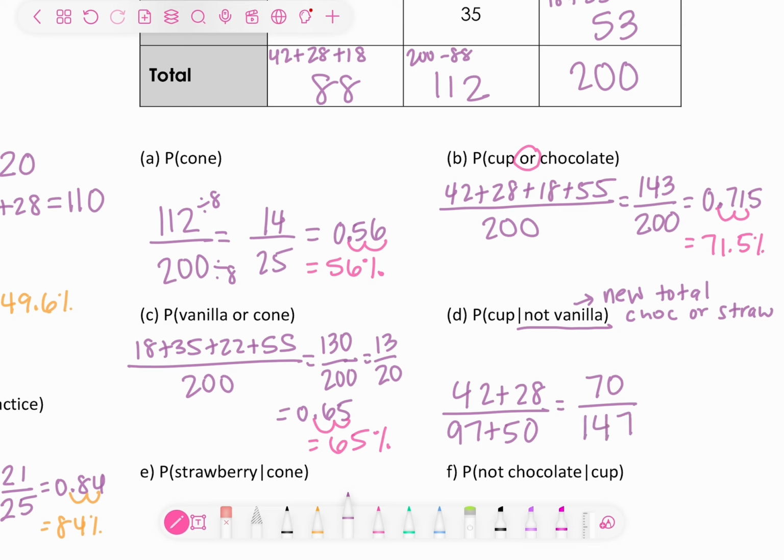And then this may simplify because 147 may divide by 7. It does. It's 21. So if we divide both by 7 or use any type of simplifying you can, you'll get 10 over 21. Divide that and you will get... so this is one that doesn't terminate. We'll go ahead and just write the first 3 after the decimal.